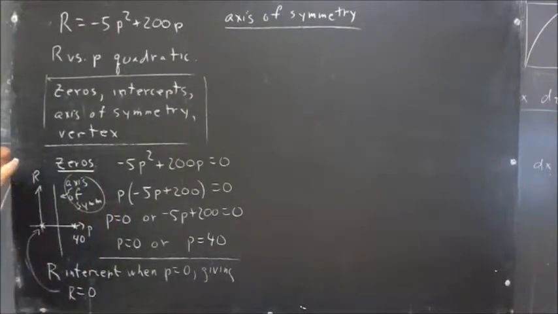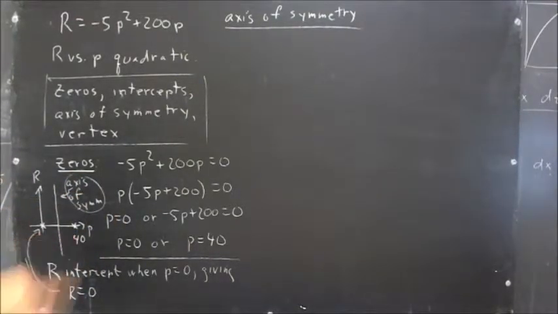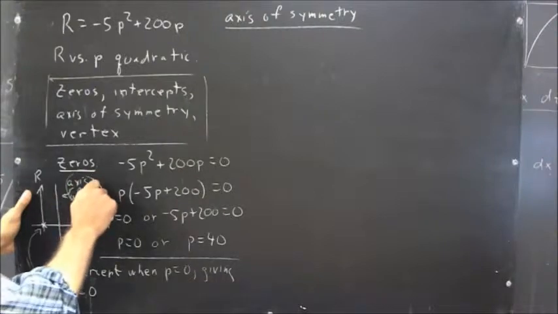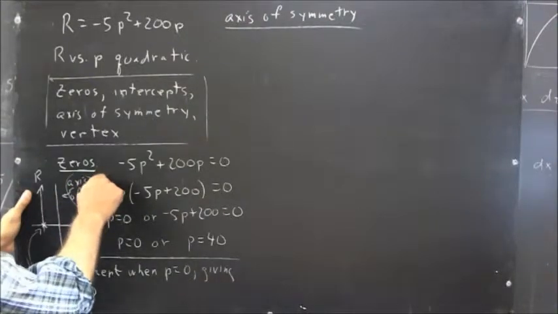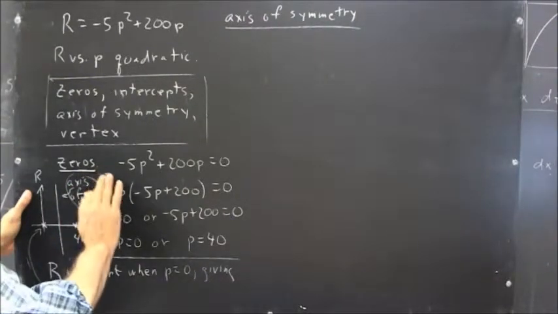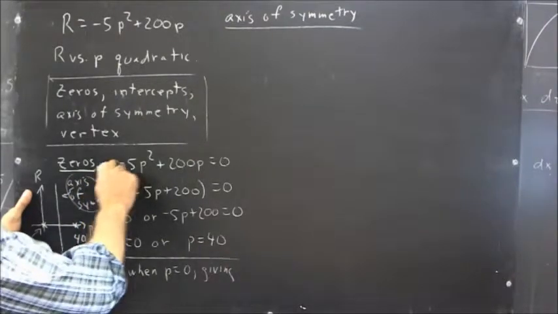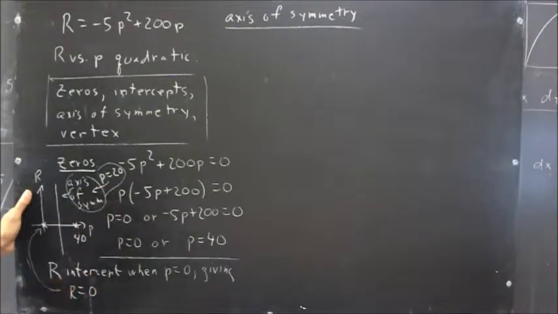I can't write it down, but that's halfway between your zeros, and that's going to be at p equals 20. So here's your axis of symmetry.